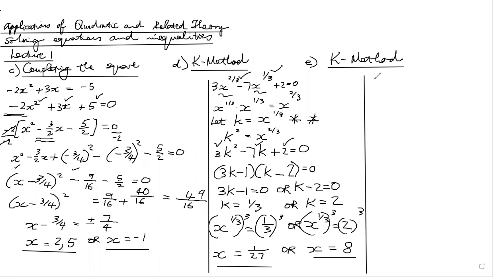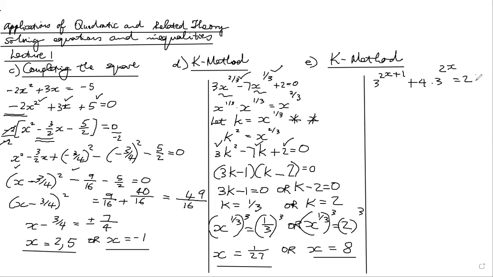So this is 3 raised to 2x plus 1 plus 4 times 3 raised to 2x, and that is equal to 21, right?